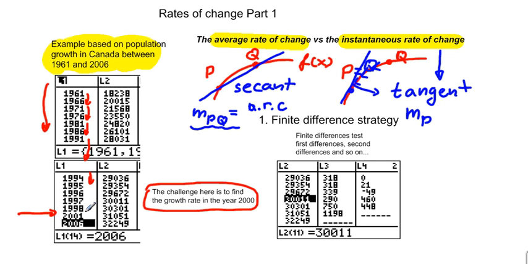So there are a couple of different strategies that we'll use here. First one, finite differences. What we do here is find the difference in y values and see if that leads us to a conclusion that the data represented by these numbers can be fit into a polynomial function.